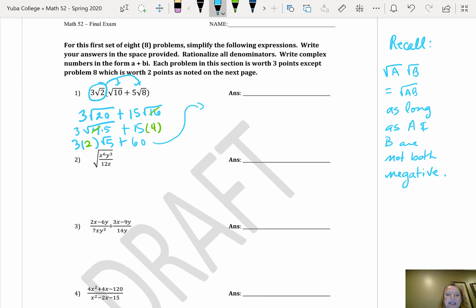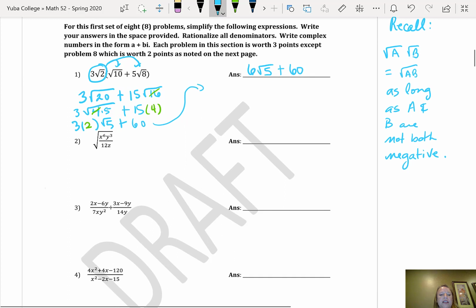And so if we simplify this, we have 6 square root of 5 plus 60. We cannot combine those terms. In order to add terms with radicals, they have to have the same number underneath the radical and have the same index. In this case, since 60 doesn't have that root 5, we can't add them.